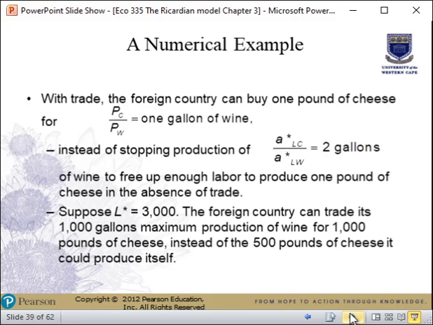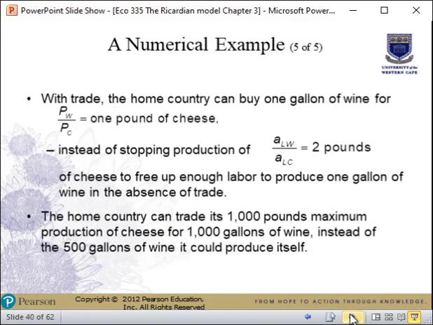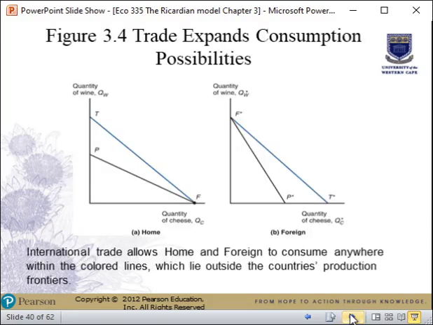Another way to see the gains from trade is through changes in consumption possibilities of both countries. Looking at figure 3.4, in autarky, consumption and production possibilities are illustrated by the curves PF and PF with asterisks for the home country and the foreign country.